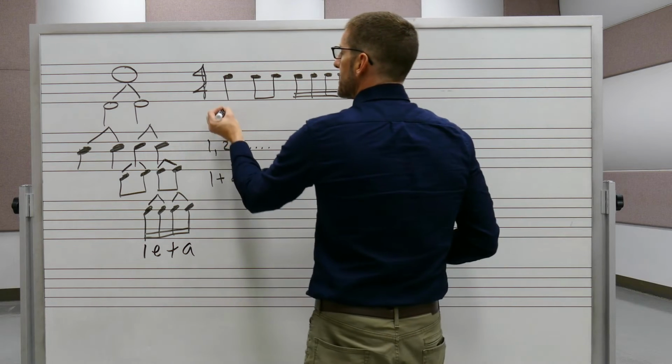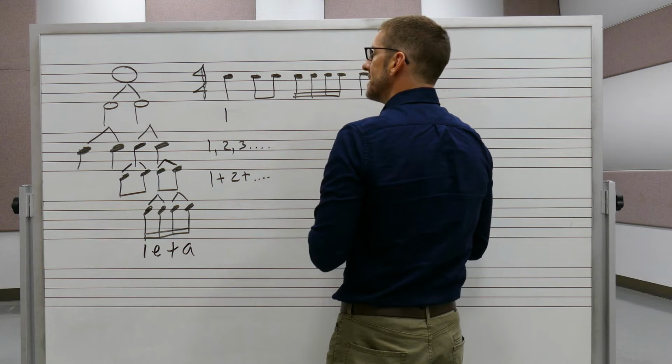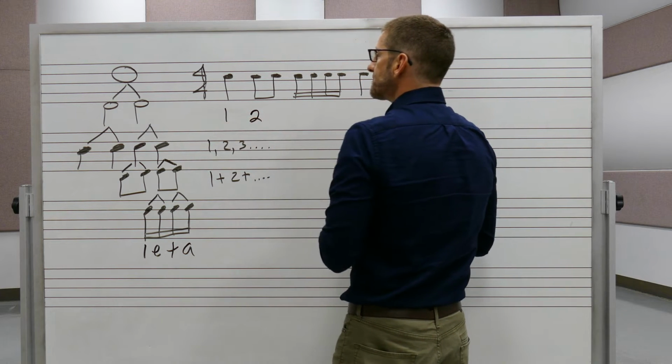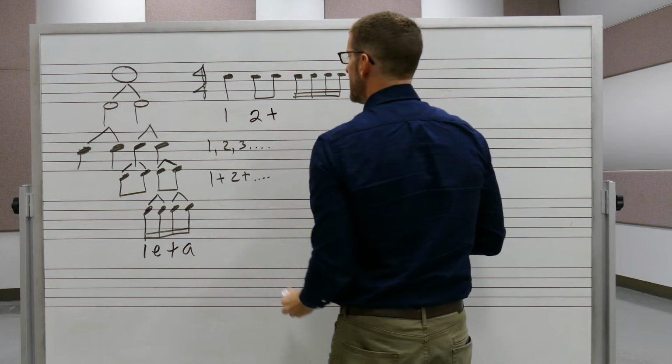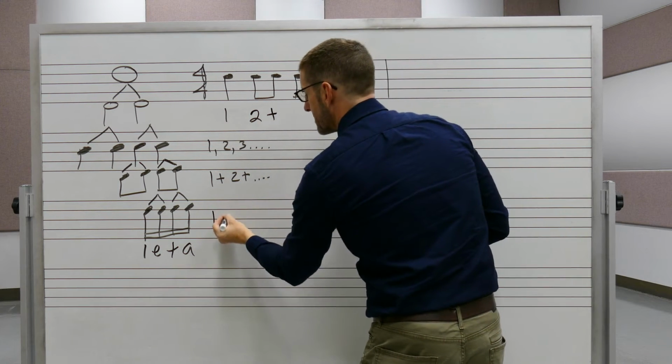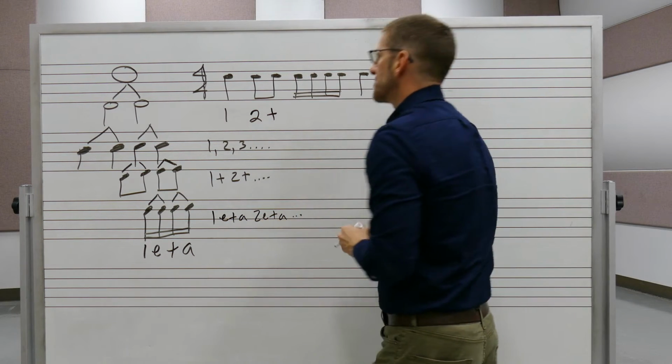So my counting up here is 1, that beat is filled, that bucket filled up. I'm on to 2, division level, so I go to counting of and. Now here, my counting is 1 E and a 2 E and a, and so on.